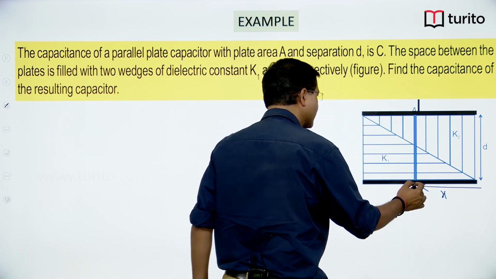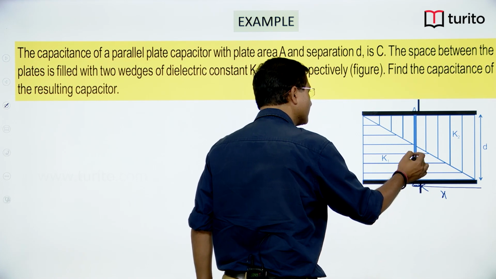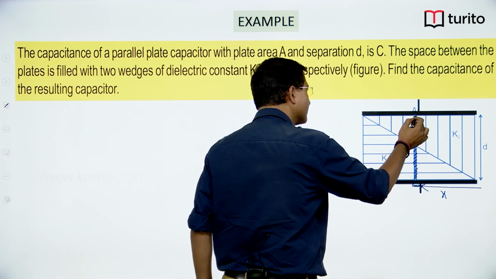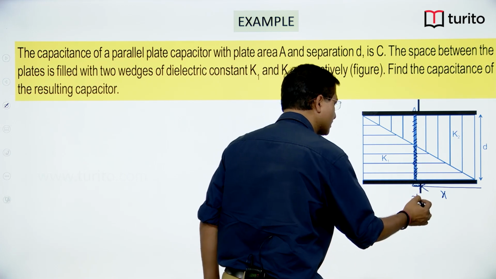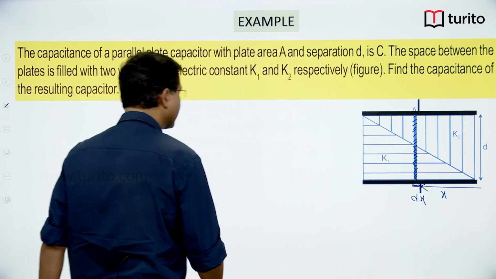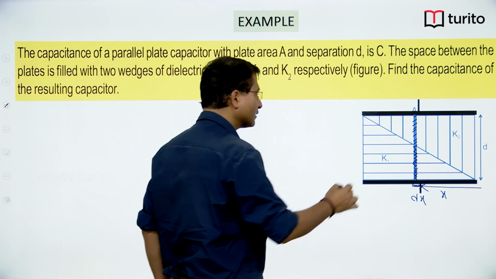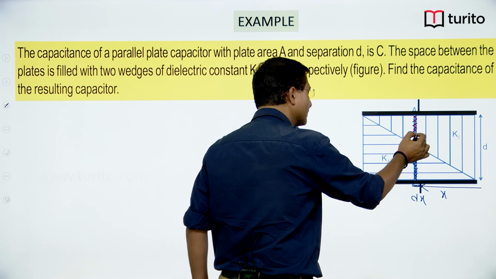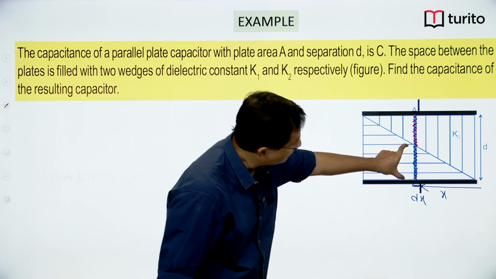At distance x, if I take a small element, this one, this thickness is dx, and the upper one I will draw in some other color so that you can see the difference. You can see there are two capacitors.